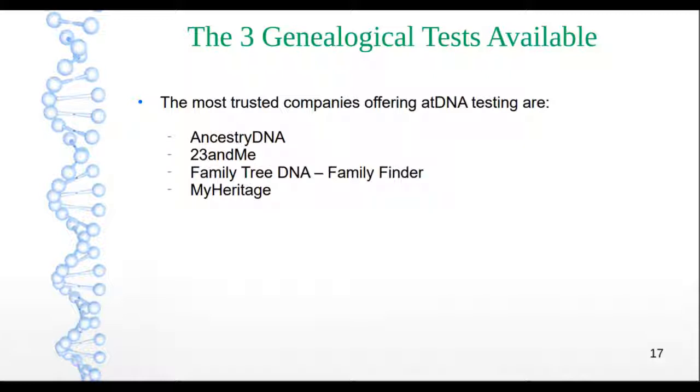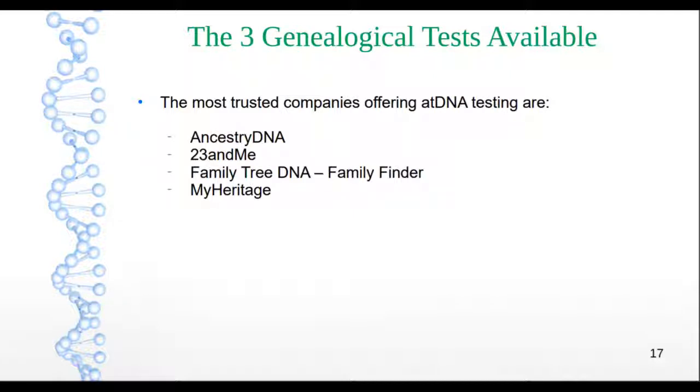They don't do the deep testing that Family Tree DNA does. And 23andMe does not match you to other Y matches. They're only giving you a basic haplogroup, okay? So just make sure you understand that distinction.